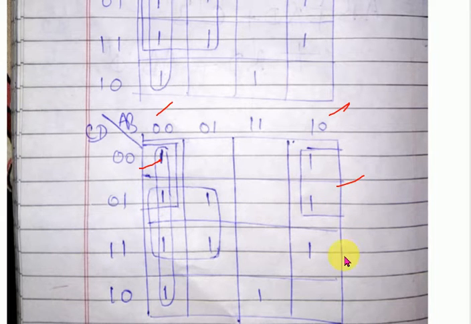Now we have this one and this one which are not covered by any basic block. We cannot leave this one covered by a single block; we can find another large basic block to cover it.